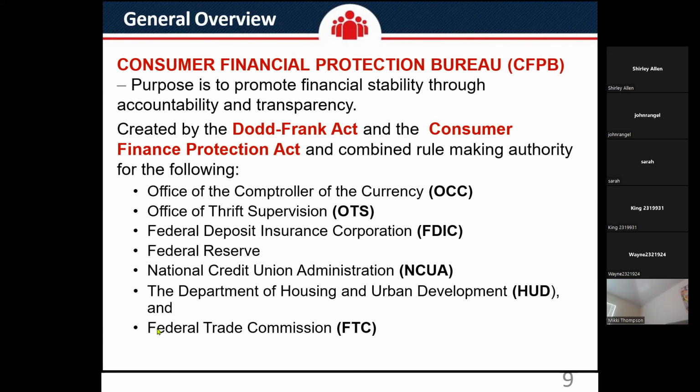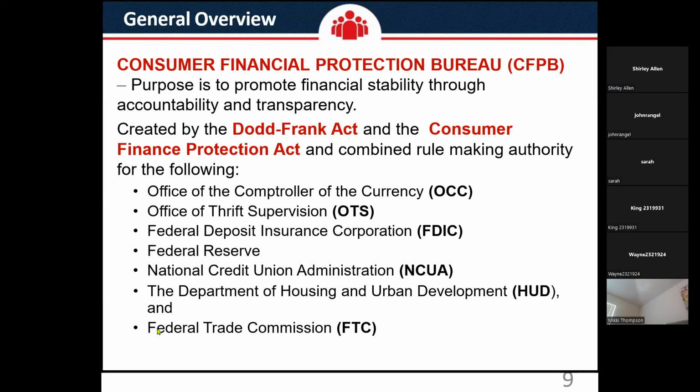Basically, we're going to start with the Consumer Financial Protection Bureau, the CFPB, and its purpose is to promote financial stability through accountability and transparency. It was created by the Dodd-Frank Act and the Consumer Financial Protection Act and combined rulemaking authority for all of these entities.